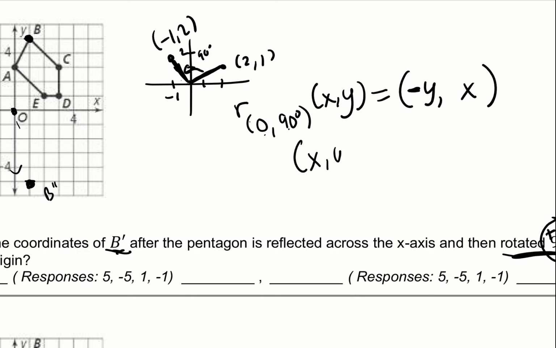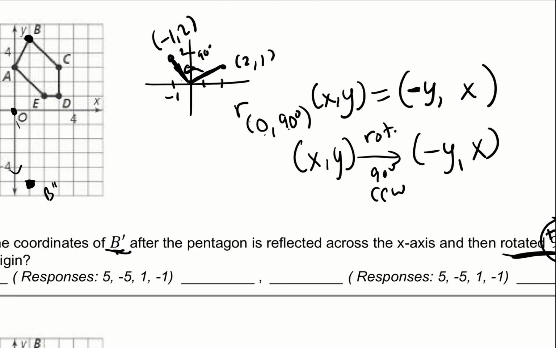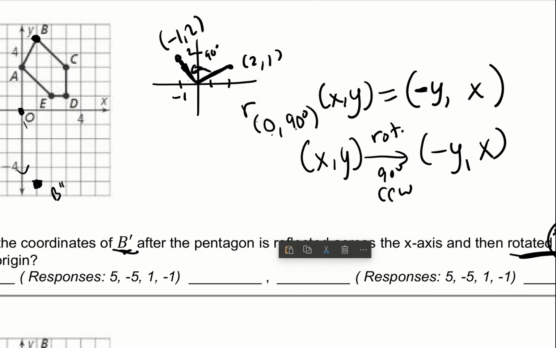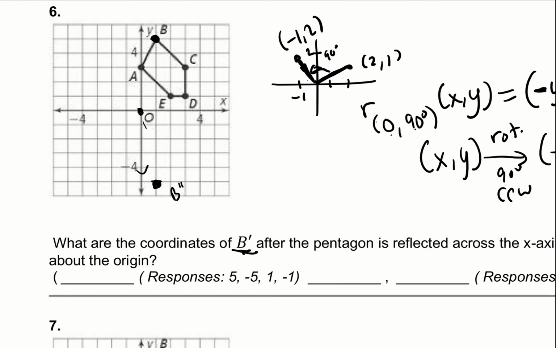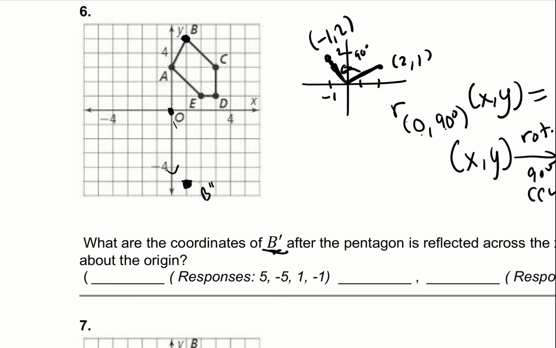And you can also write this in arrow notation like this. This is a rotation 90 degrees counterclockwise. Okay, so now that we got the rule down, we can go ahead and use the rule here. So we know that the coordinates of B double prime are 1, and let's see, 1, 2, 3, 4, 5, so 1, -5. This is x, this is y.